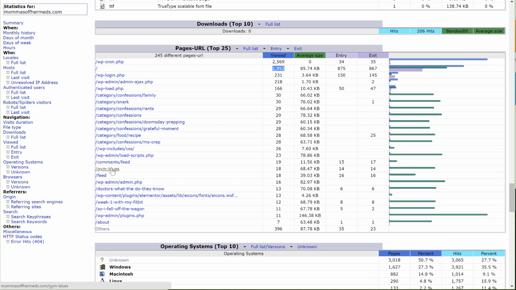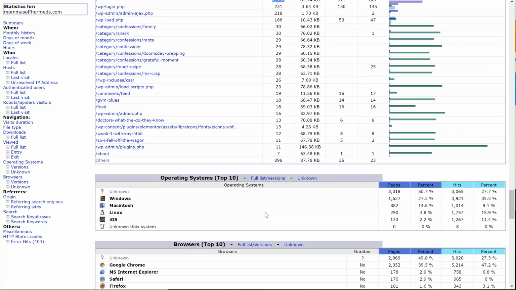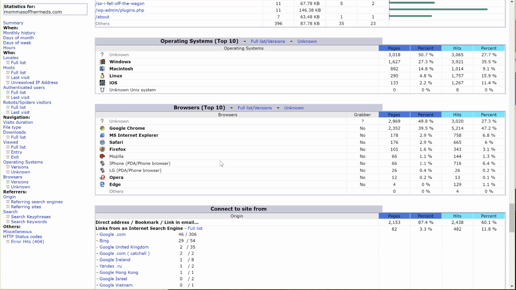This is my RSS feed. This is an article. These are articles. So you can find out what articles are the most popular, or in this case, category archives are popular.